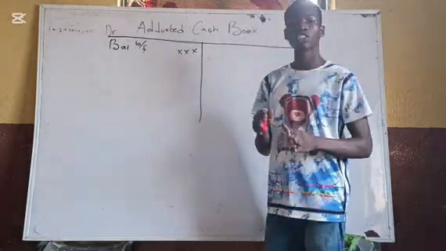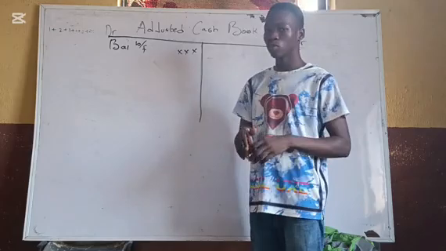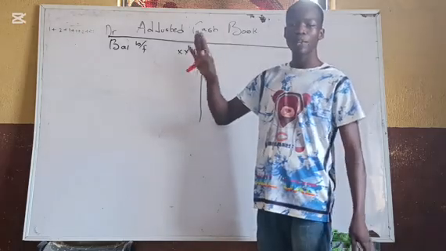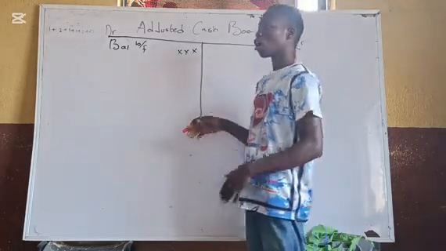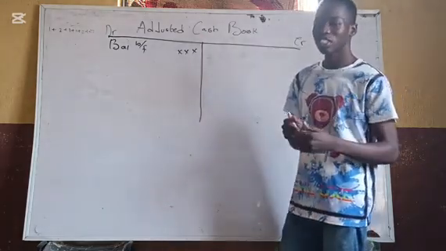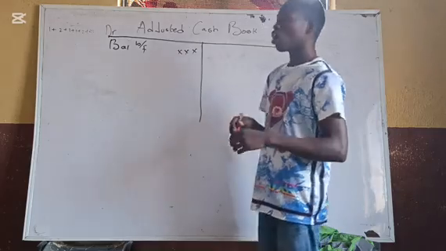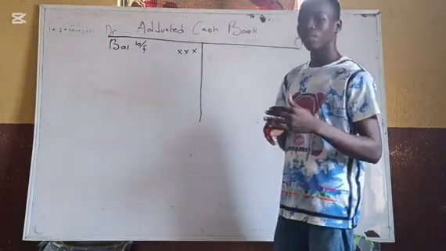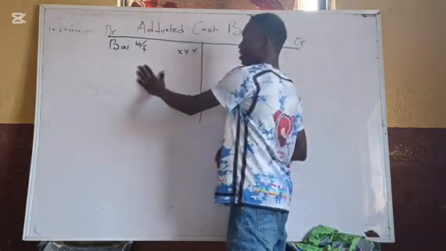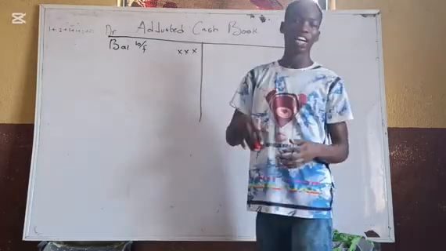So if you are given a question that you should prepare an adjusted cash book, all that is going to appear in the adjusted cash book are all what we wrote down there, except those three things I just mentioned. And all what we added to the balance as per cash book will be on the debit side, because they are increasing the cash account.